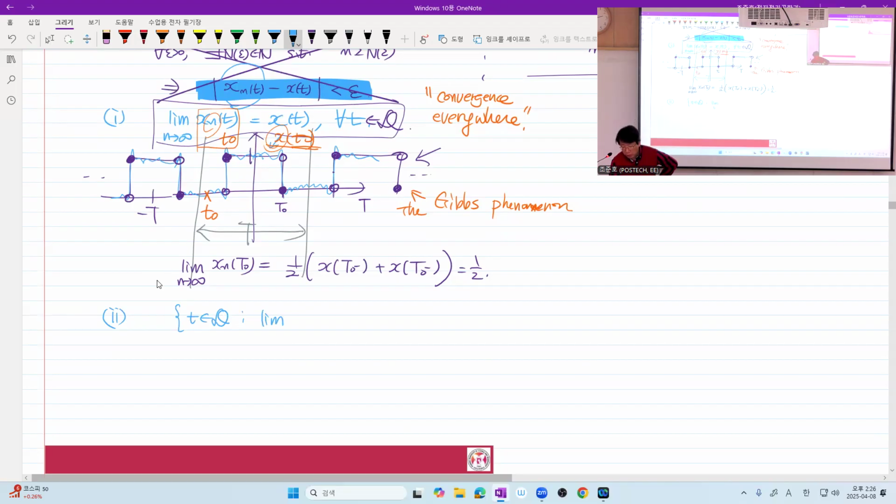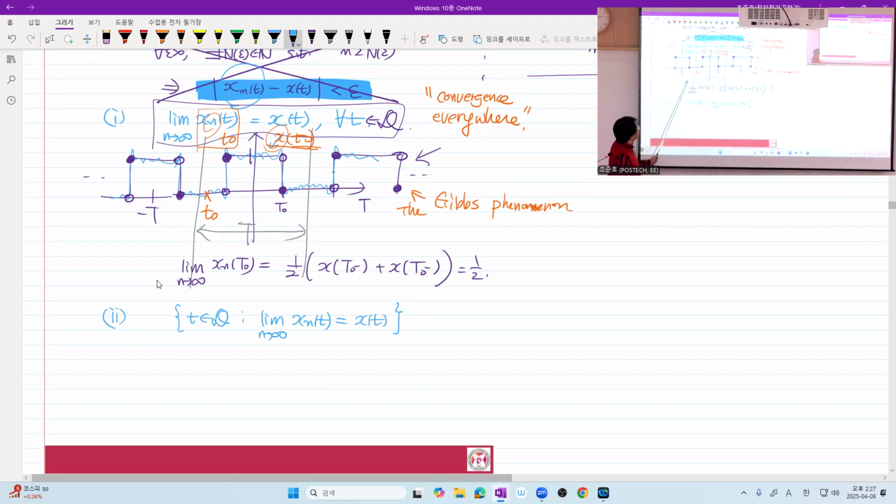So you try to find the set where the limit of a sequence of real numbers equals the limit function.